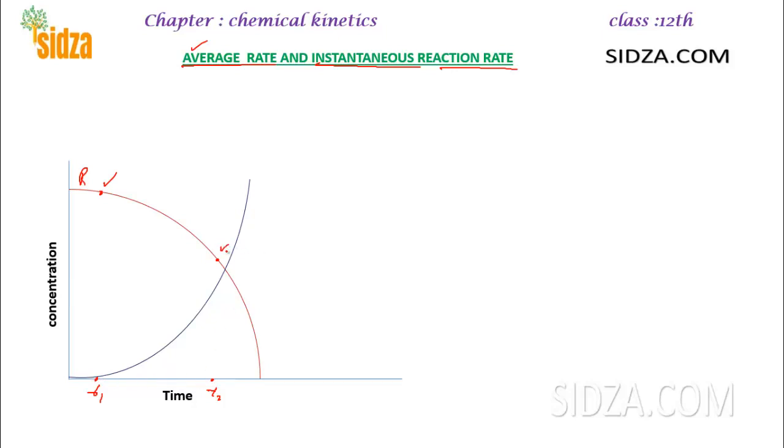So the rate of reaction will be the change in concentration of the reactants divided by the time delta t, with a negative sign because the concentration decreases here. The delta t here is t2 minus t1, the change in time.